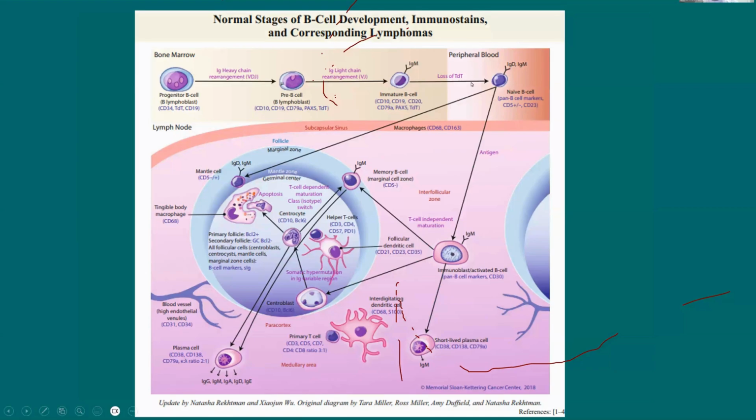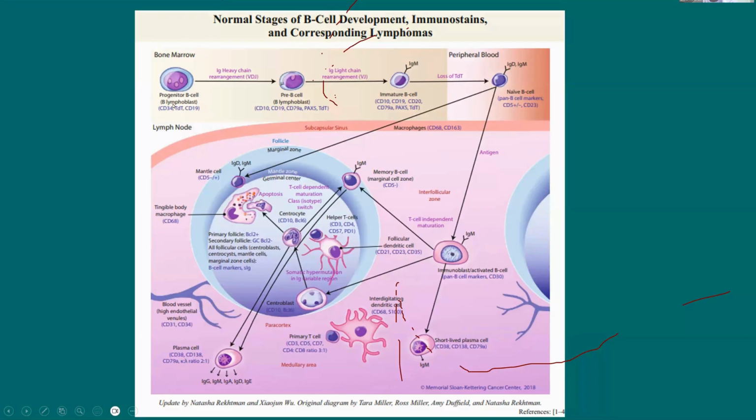Again, I won't go into details, but just know that the markers we mentioned throughout our lectures are either transcription factors or cell membrane receptors that change along the maturation from the bone marrow to the lymph node or the germinal center.